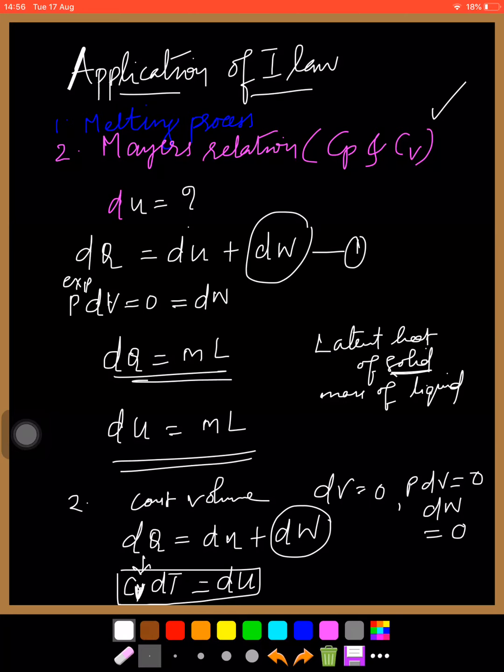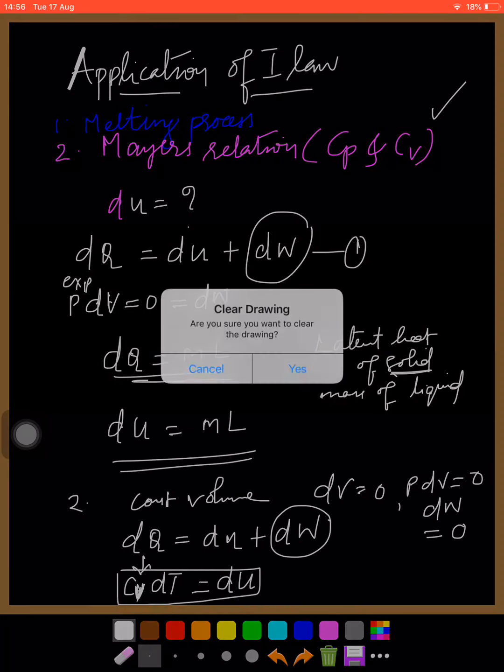And then we heat the gas at constant pressure. So now we are going to heat the gas at constant pressure, and from first law we know dQ is equal to dU plus dW, and here let this be dU prime, dQ prime, and dW prime.